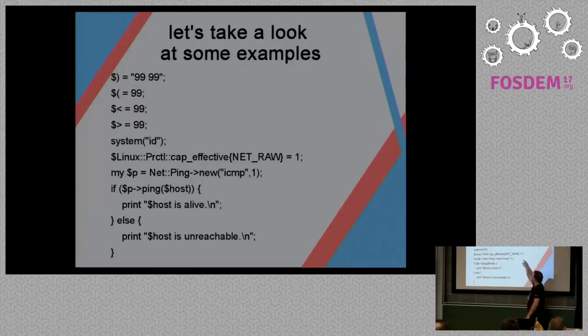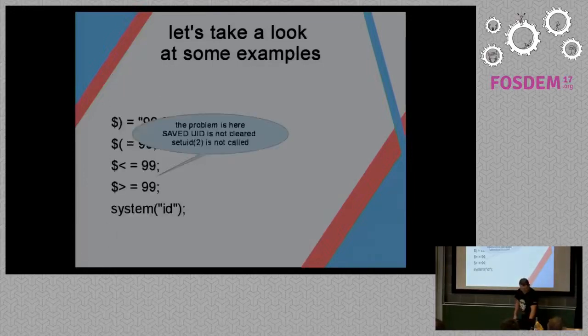Because now here, your user ID is 99. And user ID 99 shouldn't have the capability to set capabilities. But it actually did that with user ID 99, and we did the proper thing with the groups, so it's not the groups. The problem is here.